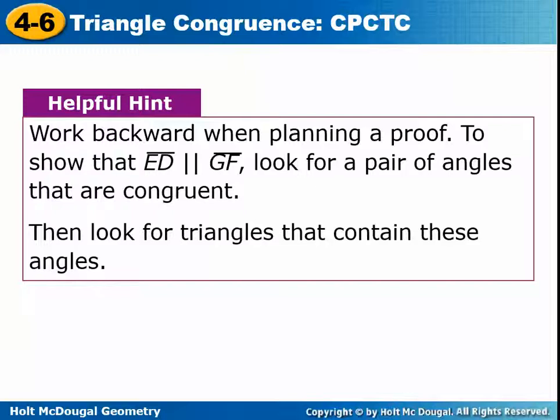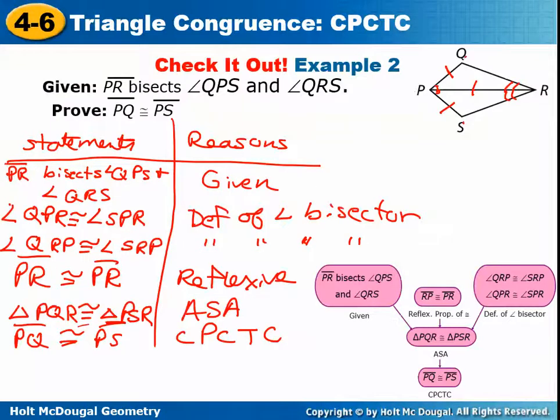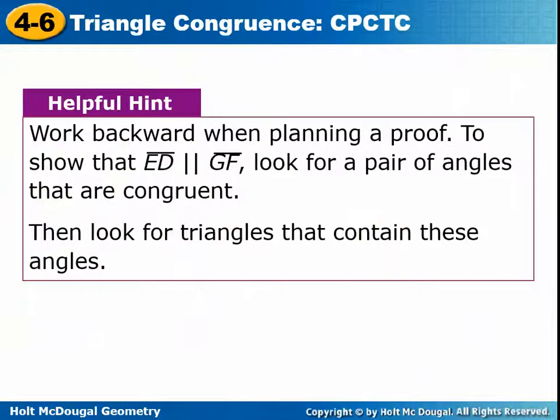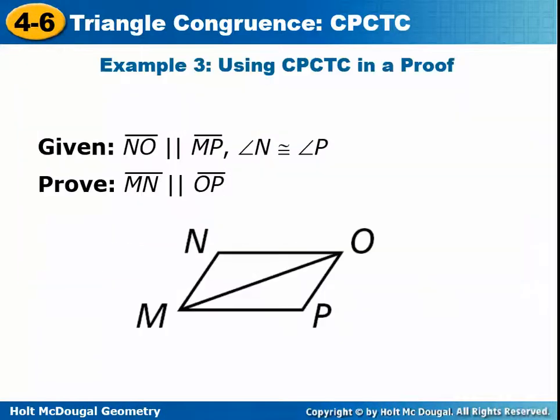Sometimes we use CPCTC and then we need another step after that to prove whatever it is they needed to prove. So sometimes we have to show that the triangles are congruent, and then we use CPCTC to show that some parts are congruent that we need. With this one, they want us to show that MN, right here, is parallel to OP.